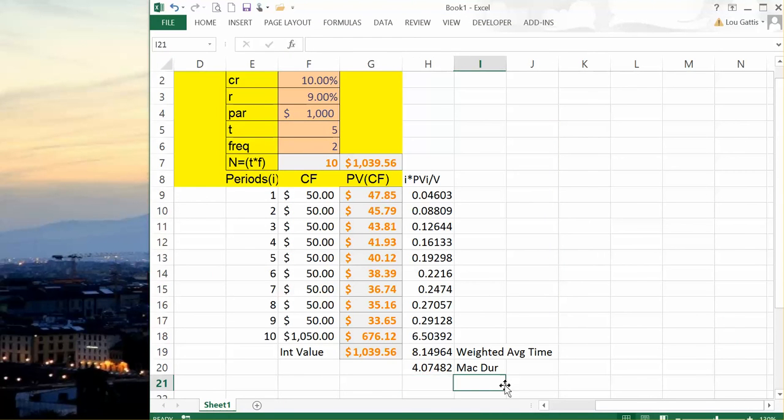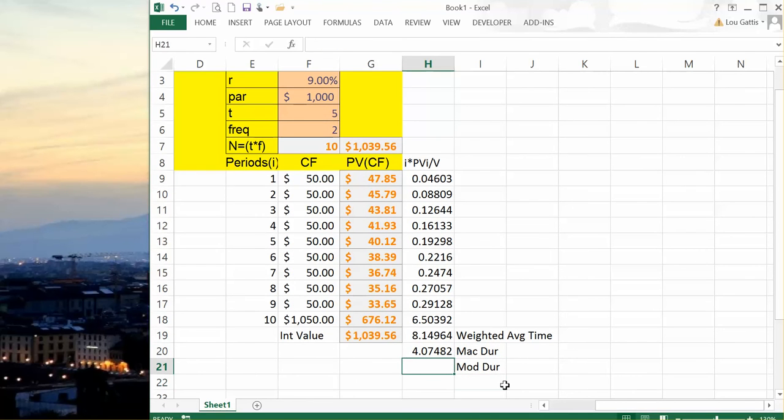But specifically, this modified duration is going to be equal to that weighted average period divided by 1 plus the yield to maturity divided by the frequency, and then divide all of that by the frequency. So in some sense it's just the present value or the discounted value of the Macaulay duration, and we call that the modified duration.